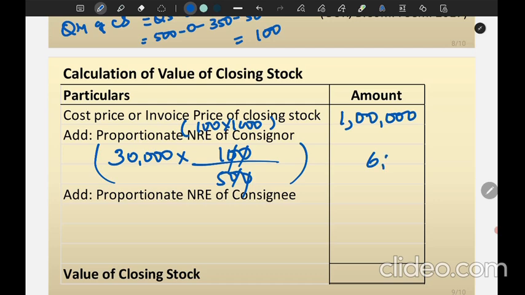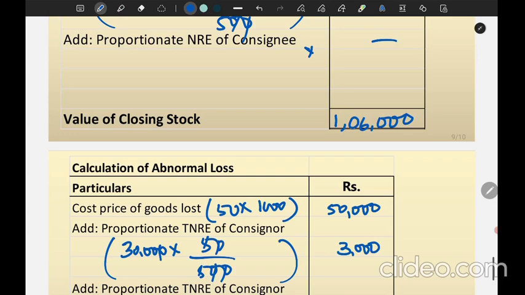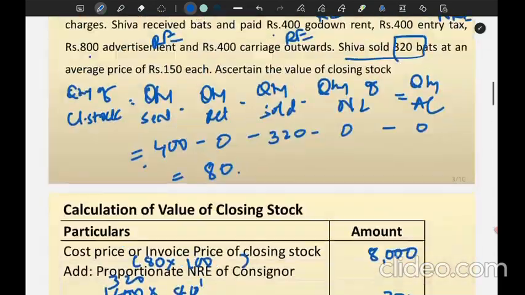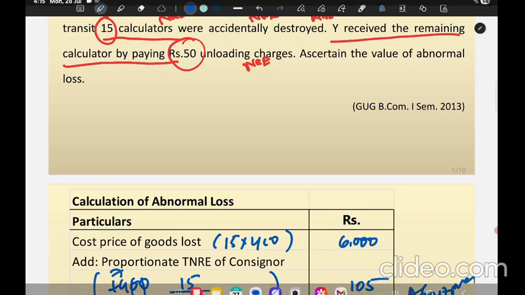So that comes to 6,000. And we don't need the consignee's because the goods are lost in transit. So the total is 1,06,000. Hope you got it. And this was regarding the valuation of abnormal loss and closing stock. These questions can be asked in the examination, in your Section B. Okay, thank you.